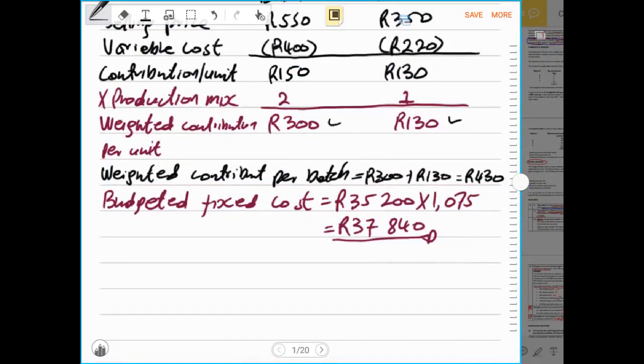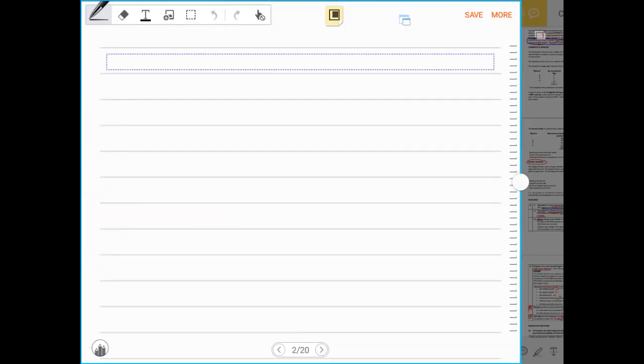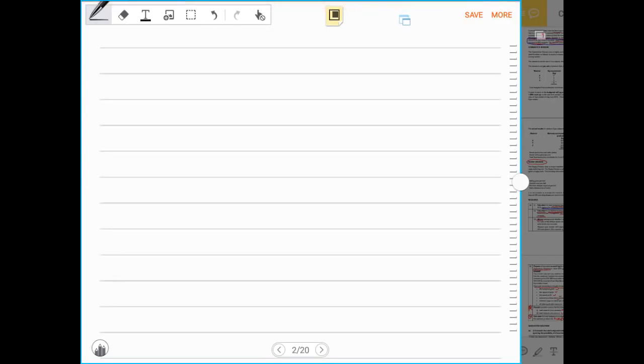So now we have already calculated the fixed cost for the month of July, and we have already calculated the weighted contribution per batch as 430. So now from here, I can calculate my break-even sales units and sales value.